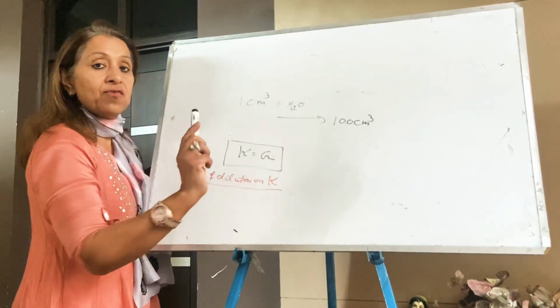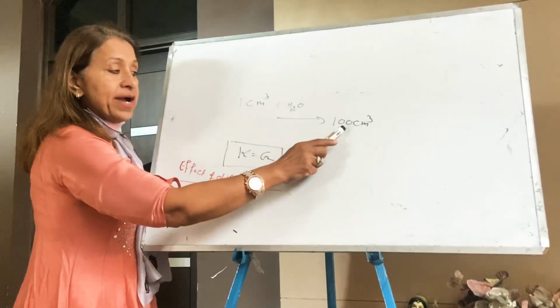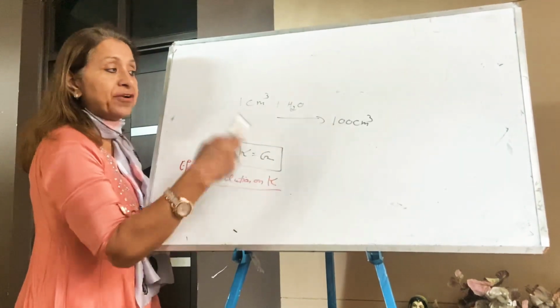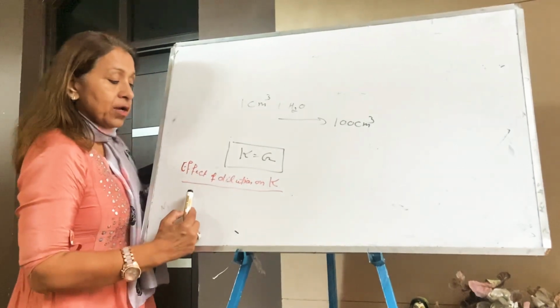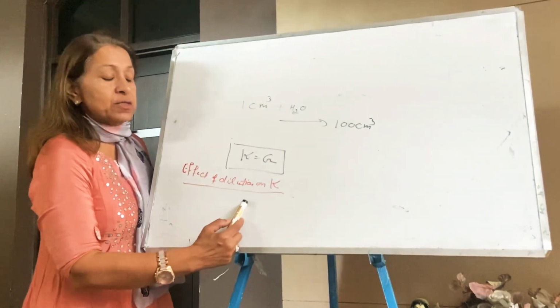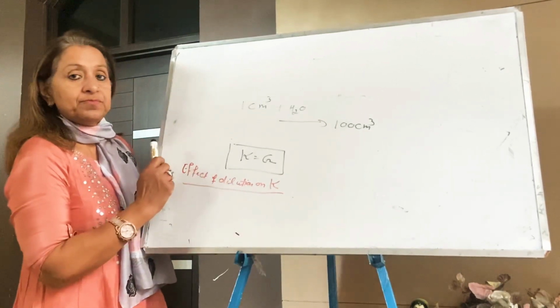That means the number of ions per centimeter cube decreases. If the number of ions per centimeter cube decreases after dilution, that means conductivity decreases. So write down: conductivity always decreases with dilution. Why?